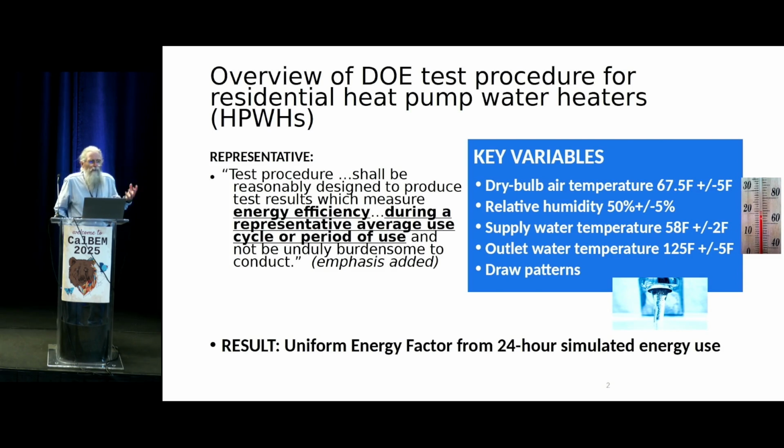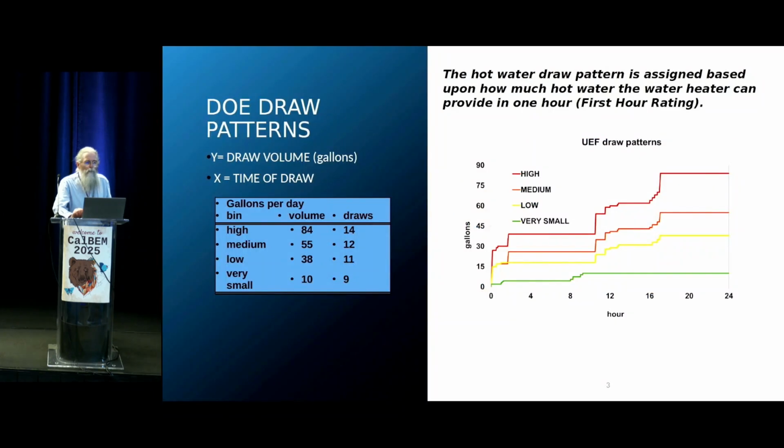It's designed to measure, quote, energy efficiency during a representative average use cycle or period of use. The key variables are the water and air temperatures, and then the draw patterns. So these are the draw patterns that are in there.